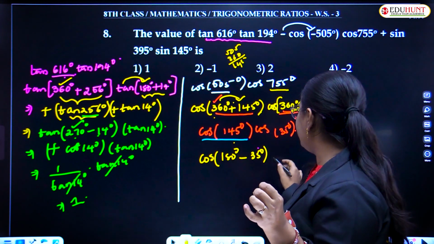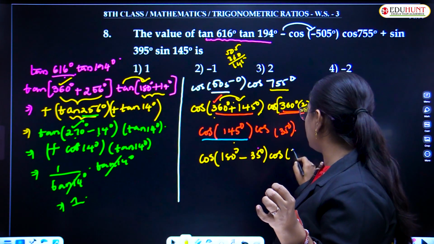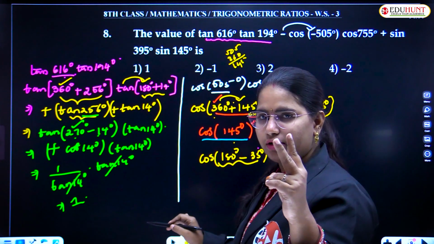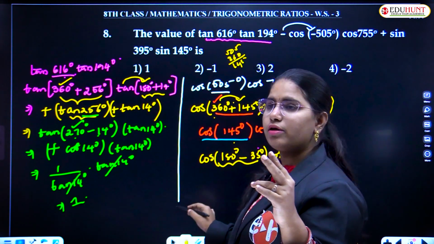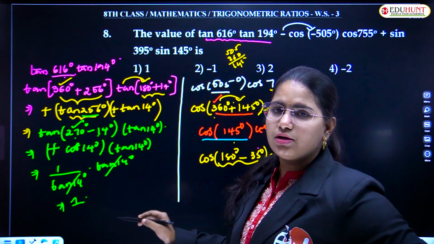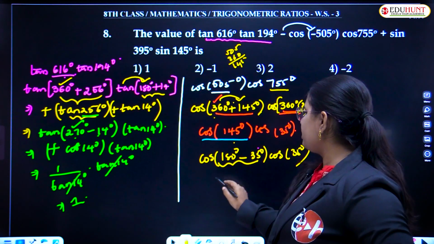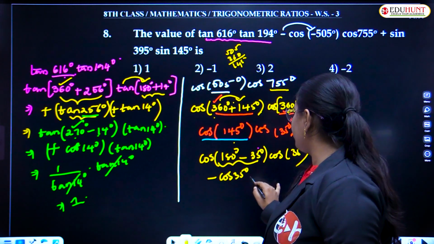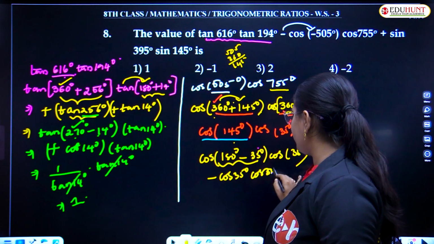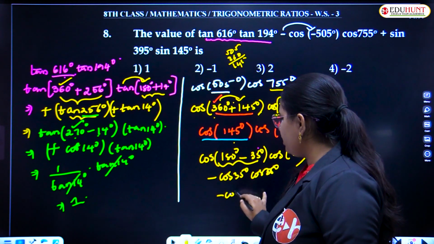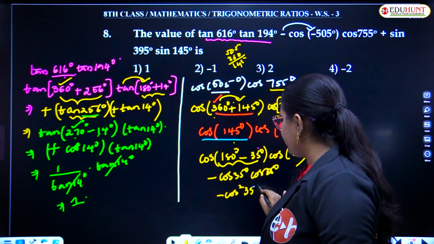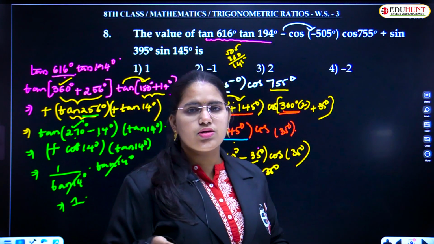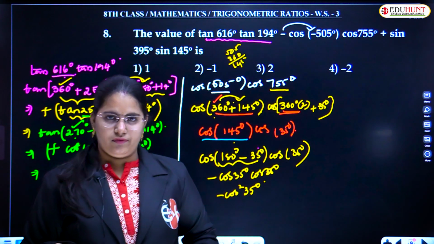So cos 180 minus 35, and this is cos 35 degree. Cos 180 minus theta is in the second quadrant. In the second quadrant, cos is negative. So cos 180 minus theta is minus cos 35 degree, and this is again cos 35 degree. So I can write it as cos square 35 degree.